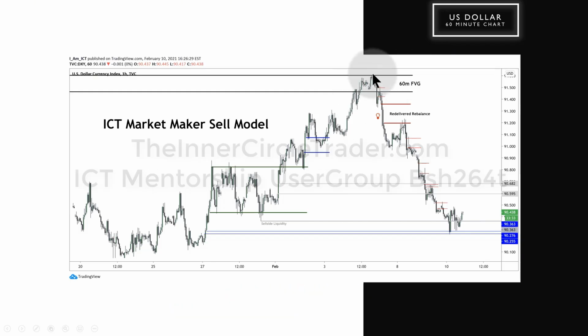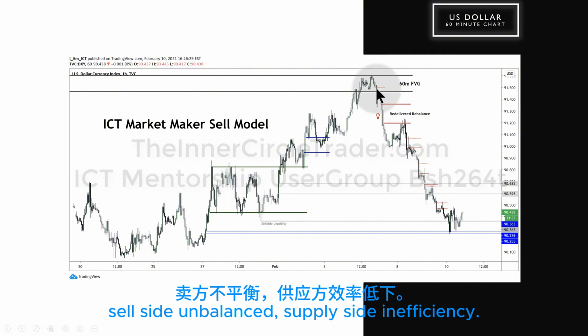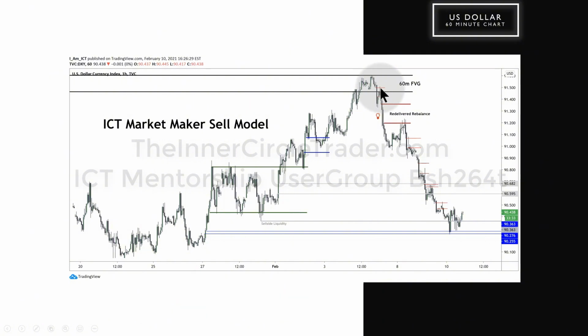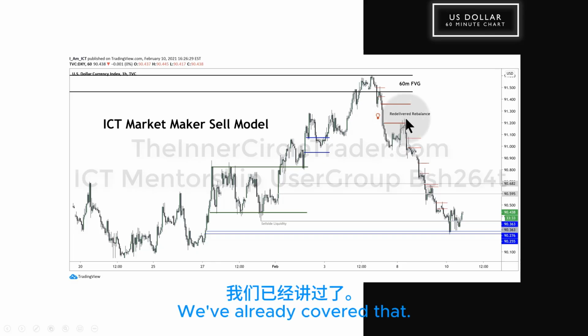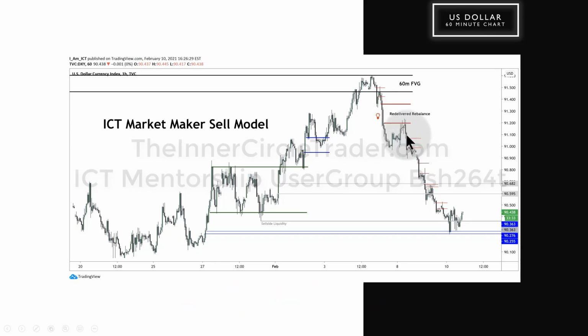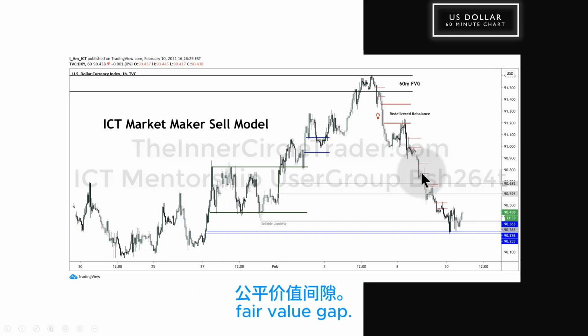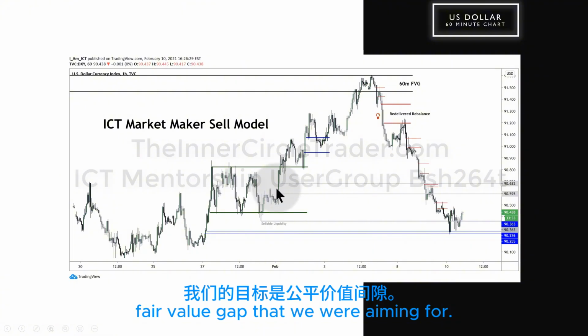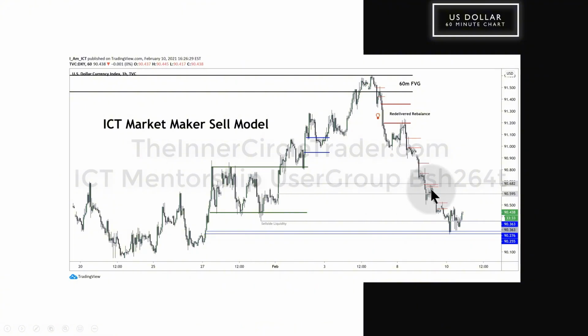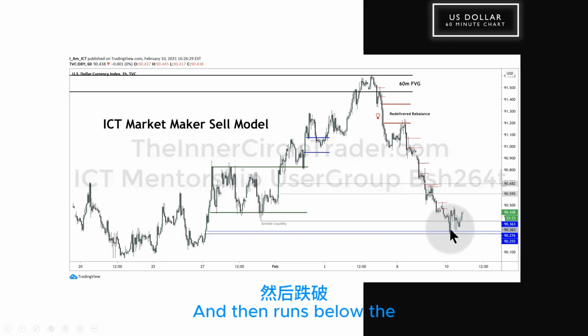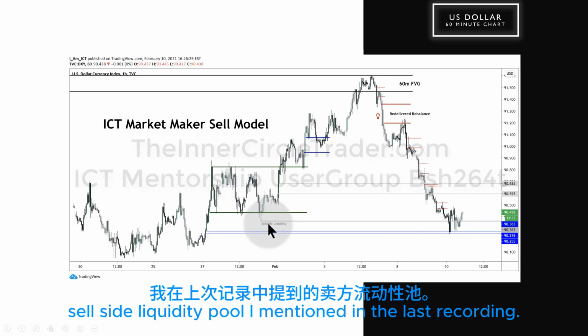Market trades up into that, breaks down, sell side imbalance, buy side inefficiency, closes that in, trades lower, redelivered rebalance, we've already covered that, breaks lower, fair value gap, rebalance, fair value gap, consequent encroachment, fair value gap fills inside of the fair value gap that we were aiming for, breaks one more time, fair value gap closure, and then runs below the sell side liquidity pool I mentioned in the last recording.